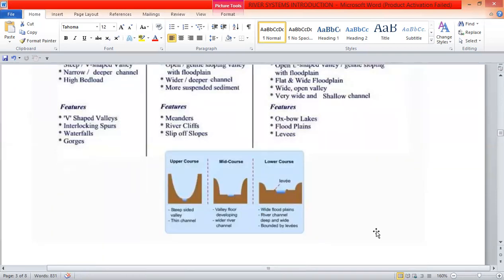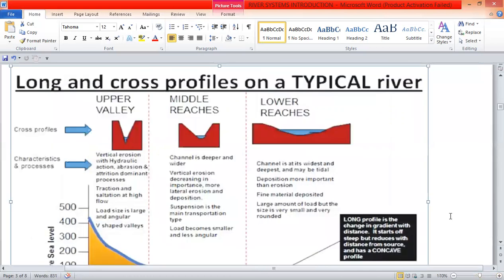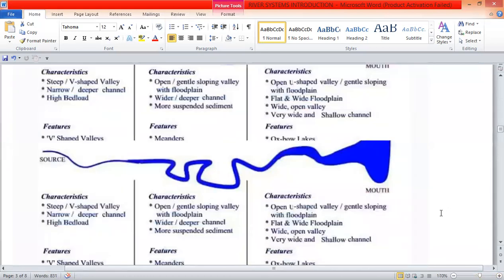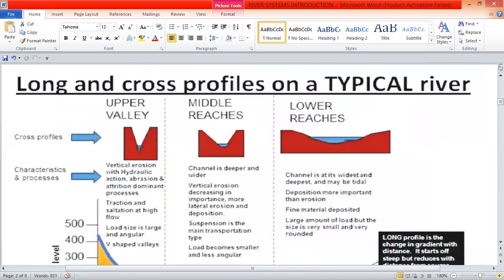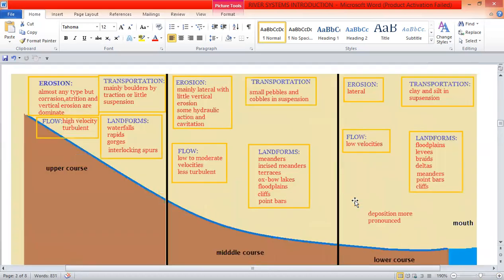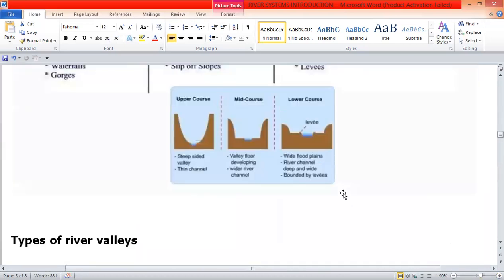And then let me just enlarge here so that you can see this cross profile. I want you to see well this cross profile here.